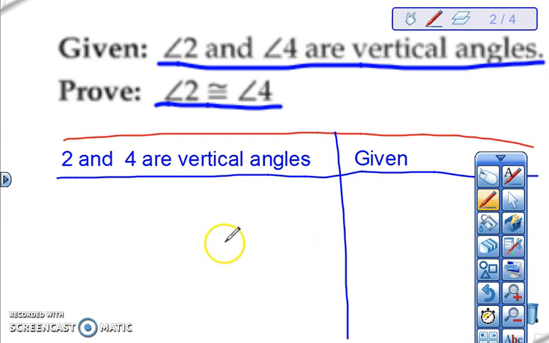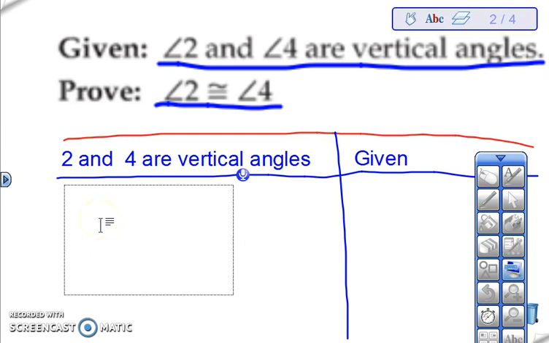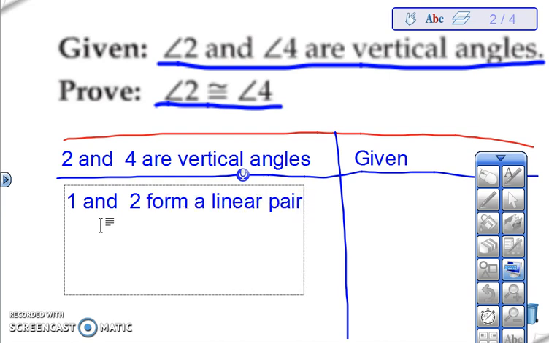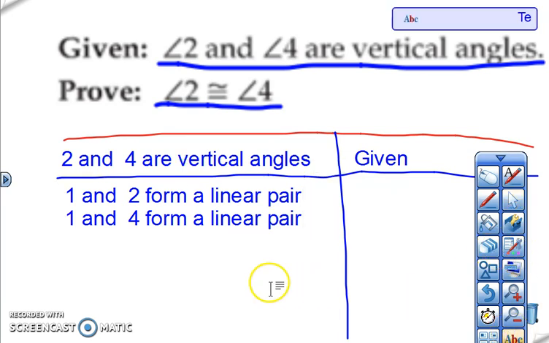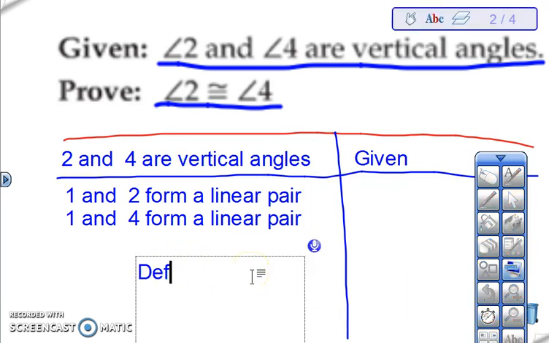Alright, so the next thing we want to say is that angle 1 and 2 form a linear pair, and angles 1 and 4 form a linear pair. I'm going to go back and add in the angle symbols in a moment. Alright, and so how did we know they were linear pairs? Because we know the definition of linear pair.